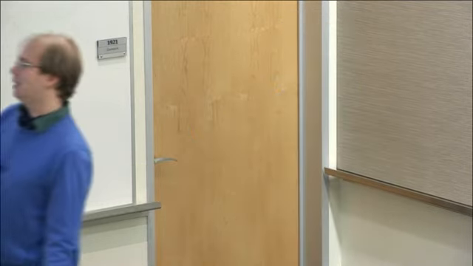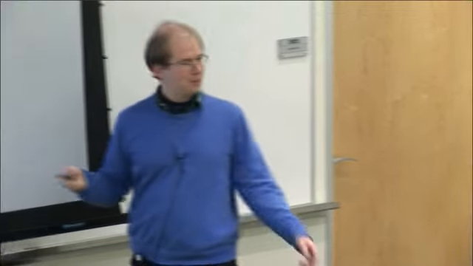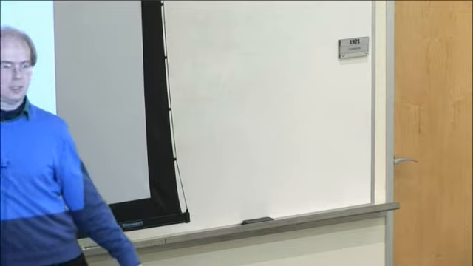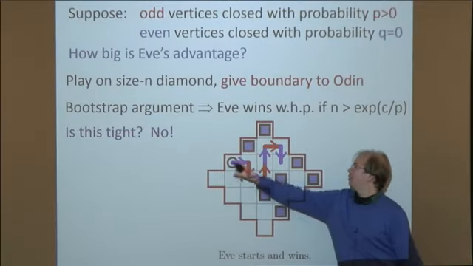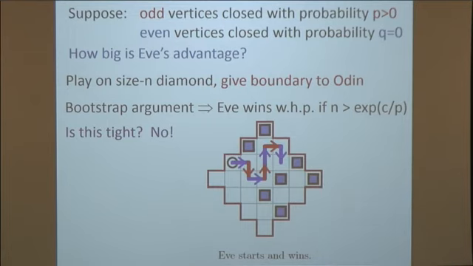So here is a place where Eve can win, even though this argument of effectively closed sites doesn't tell you that. You can work it out in this example. Maybe I won't do it right now, but certainly this vertex doesn't become occupied by the bootstrap model, but Eve wins starting from here.